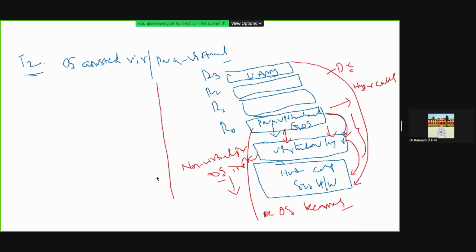Para virtualization involves modifying the operating system kernel to replace non-virtualizable instructions with hypercalls that communicate directly with the virtualization layer, the hypervisor.